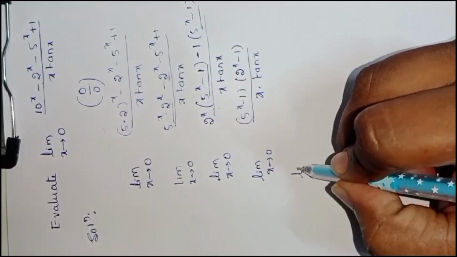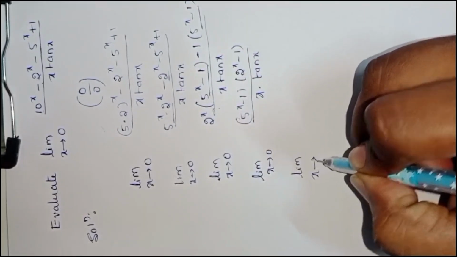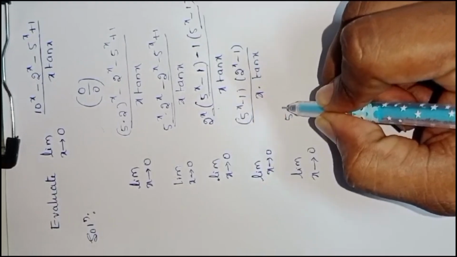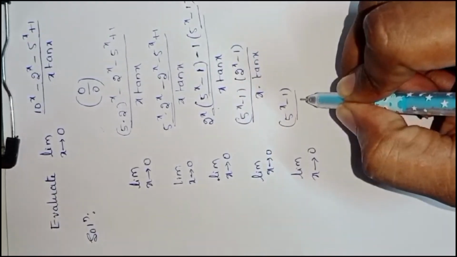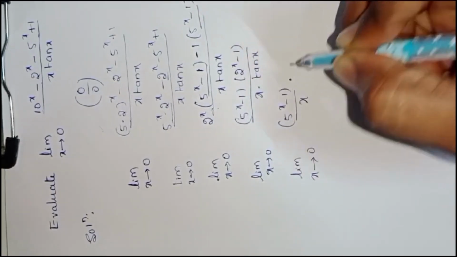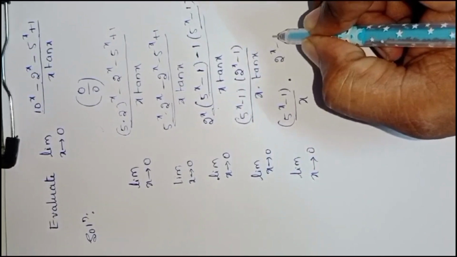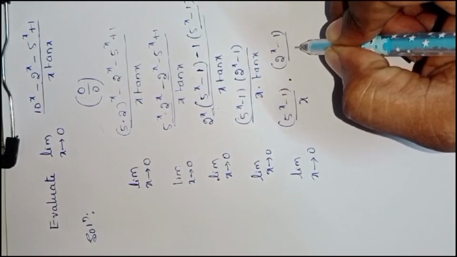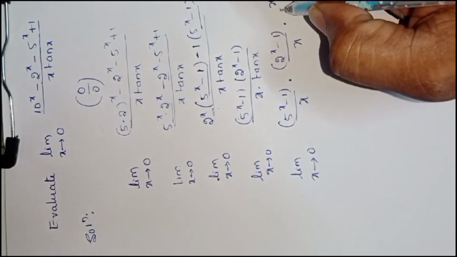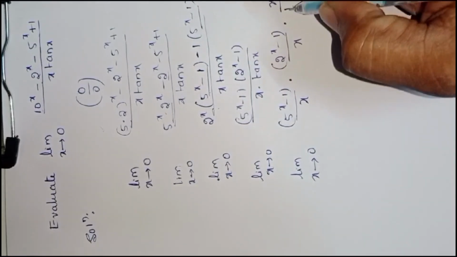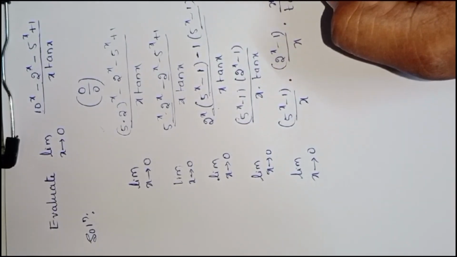Now, as x tends to 0, make it like this: (5 raised to x minus 1) divided by x, and (2 raised to x minus 1) divided by x. To compensate for this x, multiply by x in the numerator, divided by x into x divided by tan x.